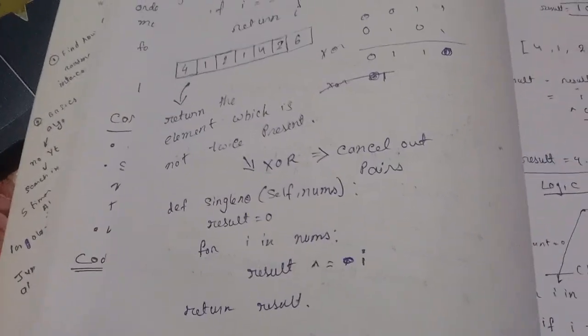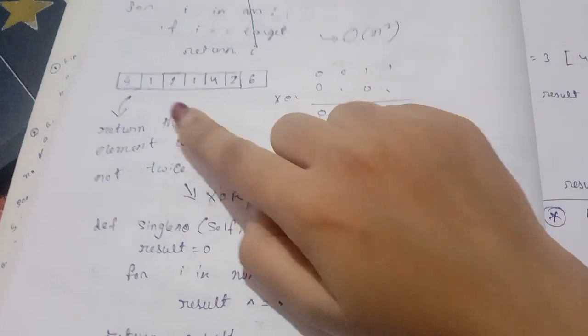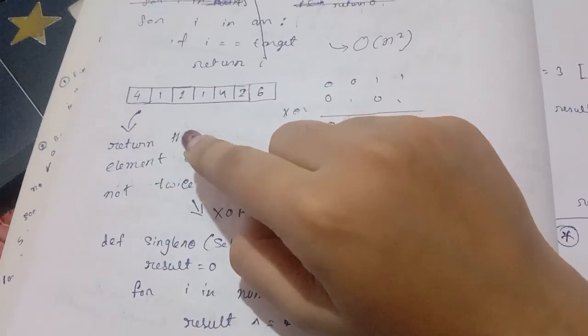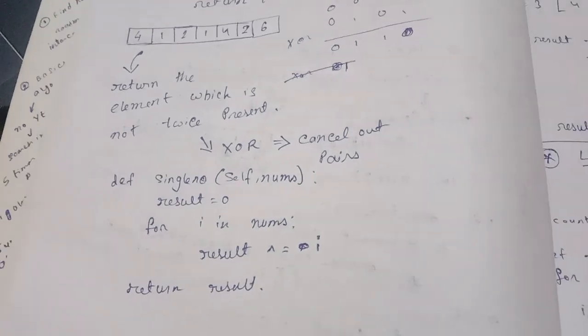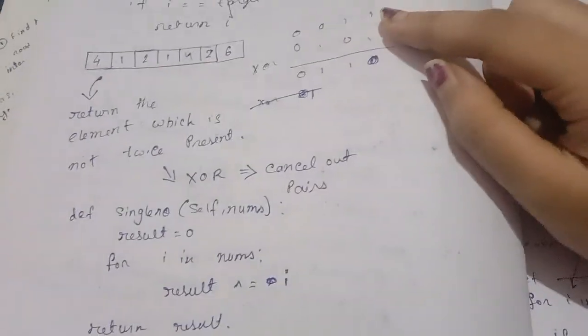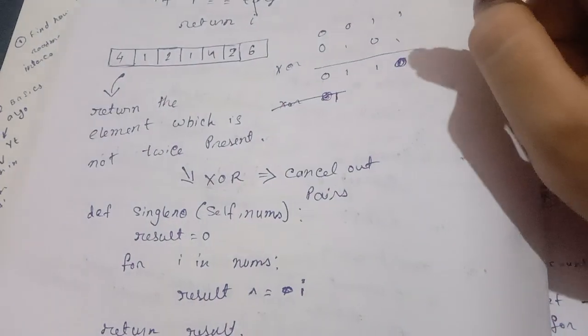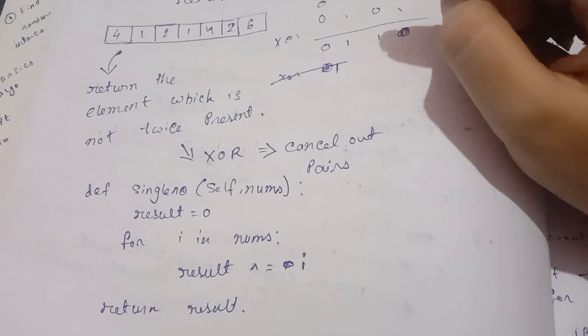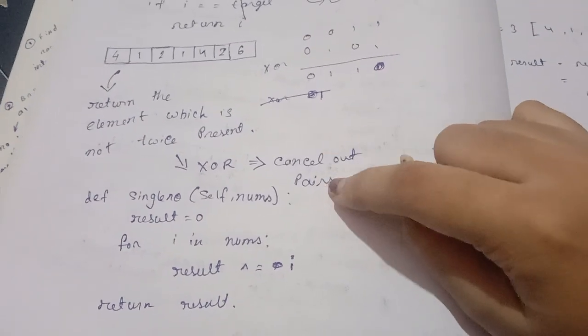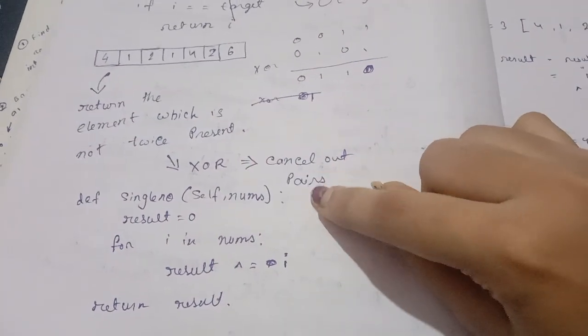This approach says that whenever we are told to return the element which does not have a repetition, we can perform the XOR operation, because XOR has an application where it cancels out pairs.